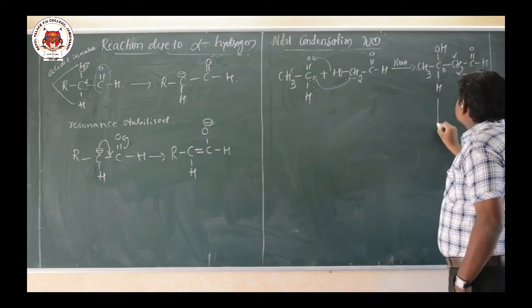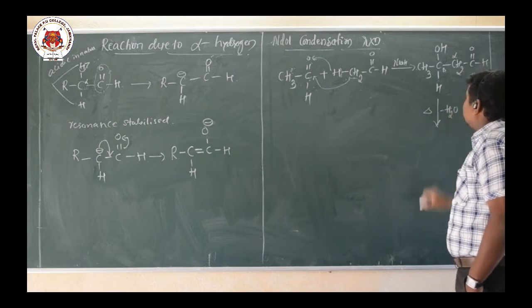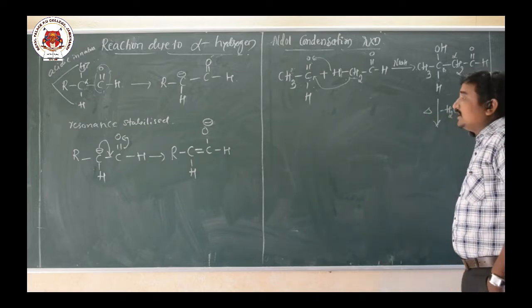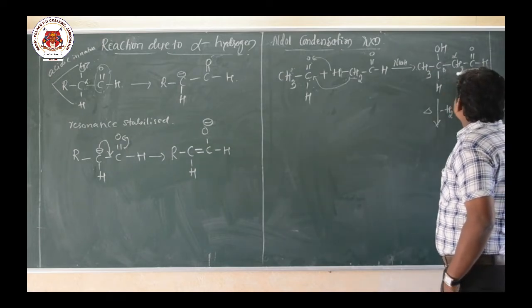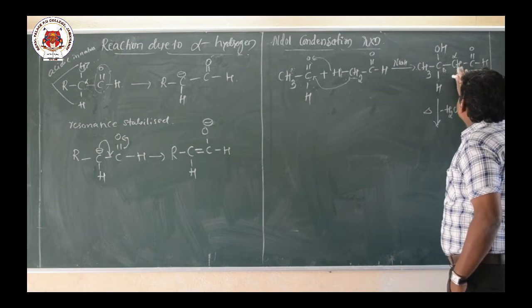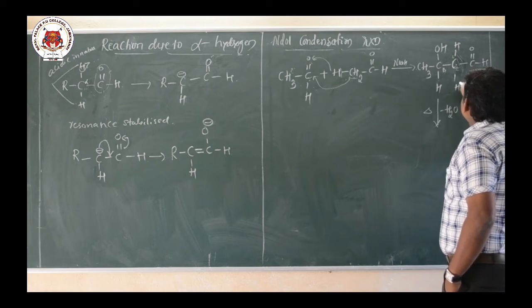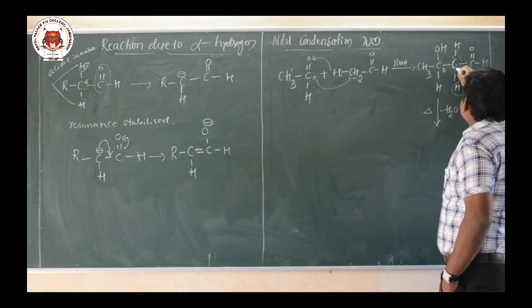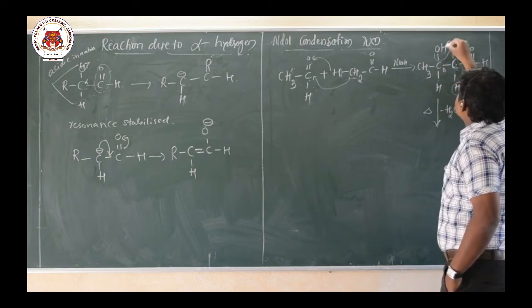So on heating this, elimination of a water molecule takes place. The product is, water molecule means one of the hydrogens, so I will write it like this only, CH2. One of the hydrogens of this alpha carbon is lost as H plus, and this one is lost as OH minus.